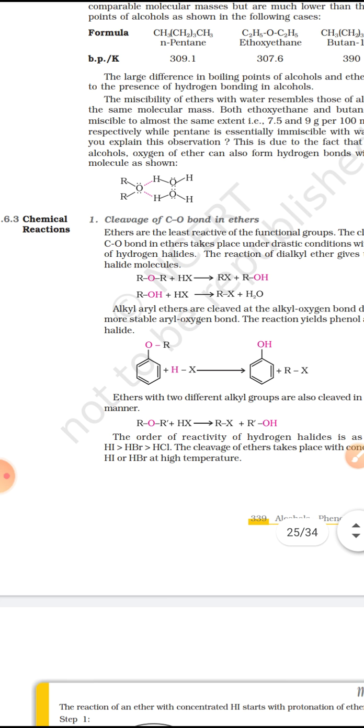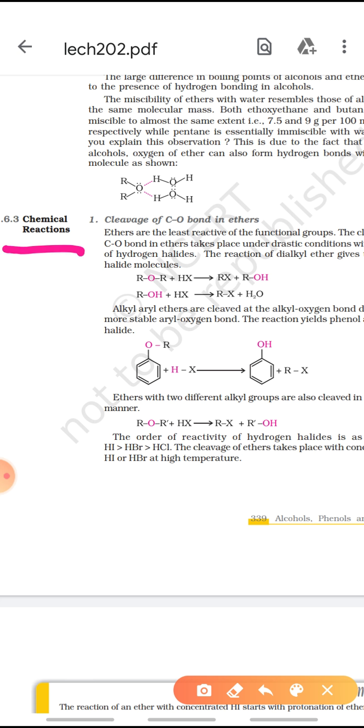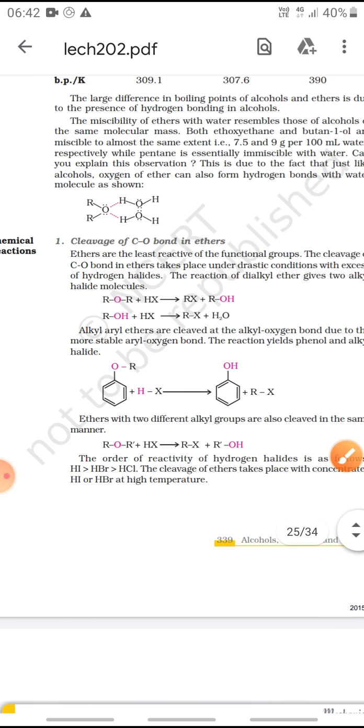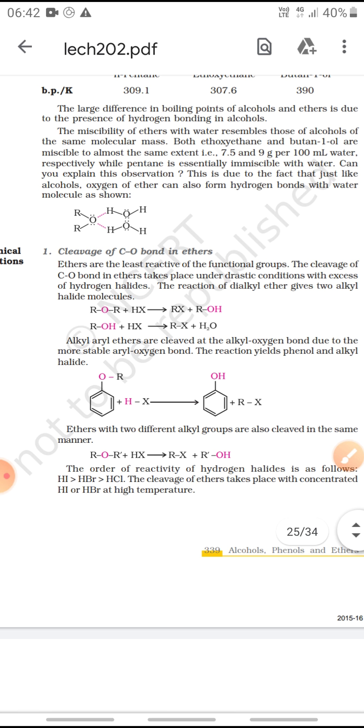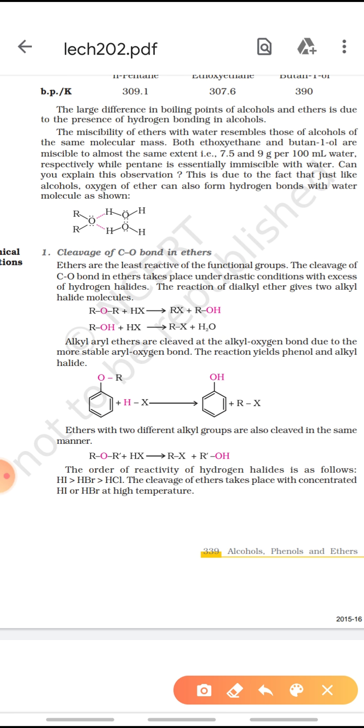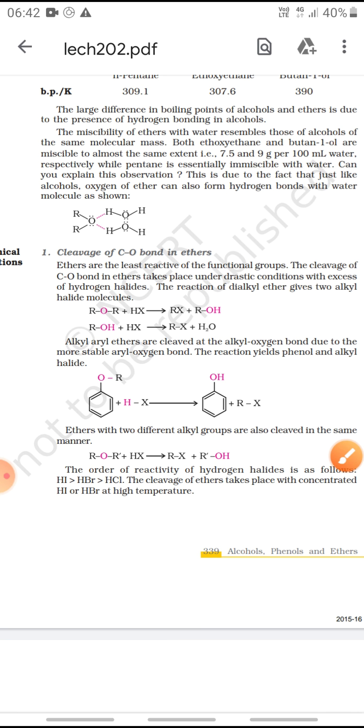Now the next thing we are starting with is the chemical reactions of ethers. Children, the first thing you have to remember is that ethers are the least reactive of all the functional groups. Their reactivity is very, very less.